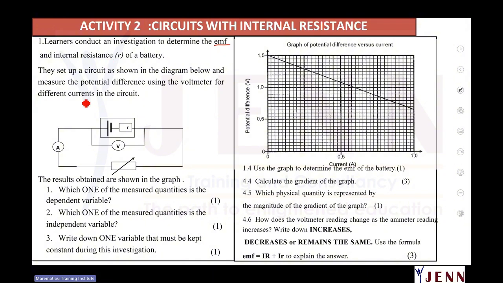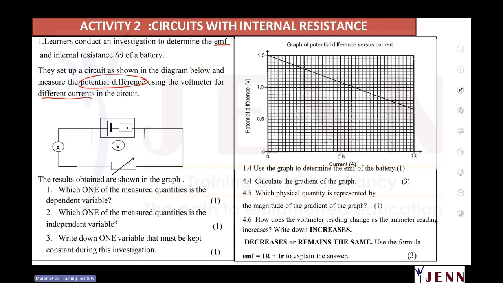So they are changing current and observing potential difference. It is important to know what is being changed and what is being observed. The observed one is the dependent variable, and the one that's being changed is the independent variable.